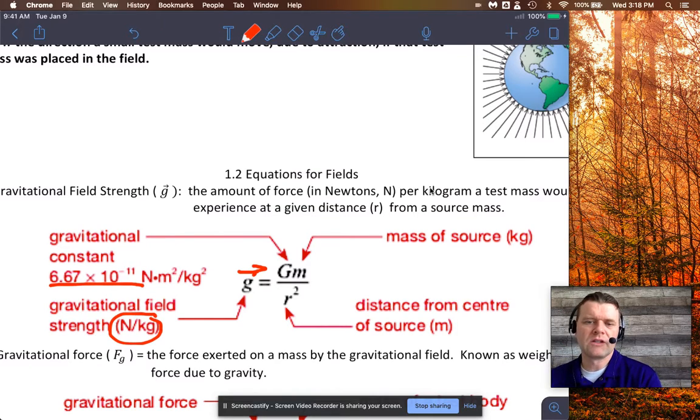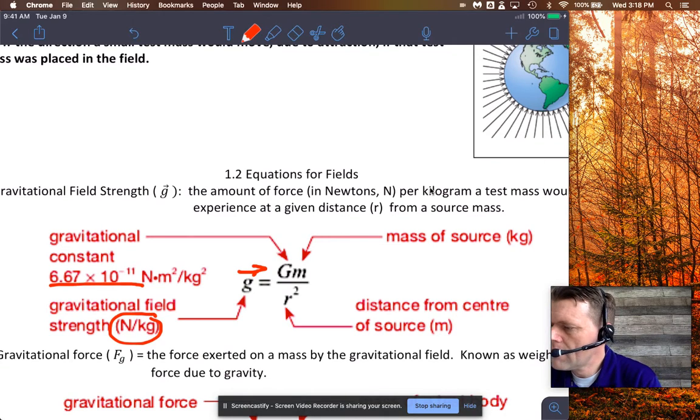And then r is the distance from the center of the source. Basically, we measure from center to center. You shouldn't have too much difficulty handling that, because they usually tell you the distance or the radius of a planet. If you're standing on a planet, the distance from the center is just the physical radius. But the thing to remember is that it is squared.